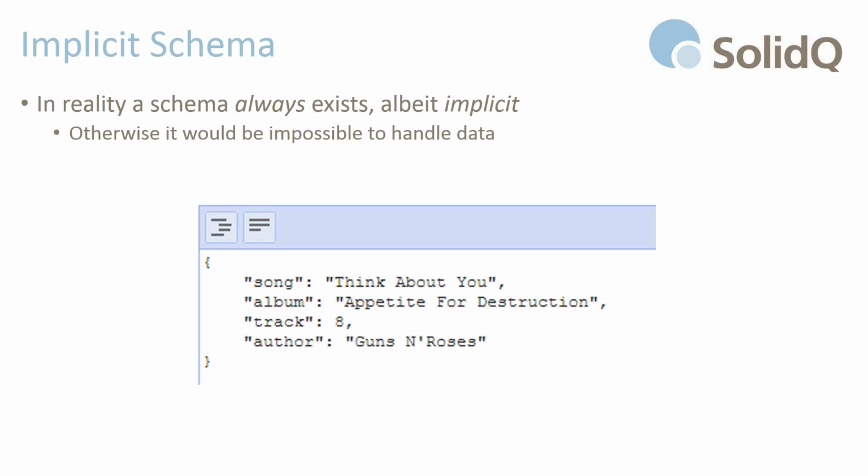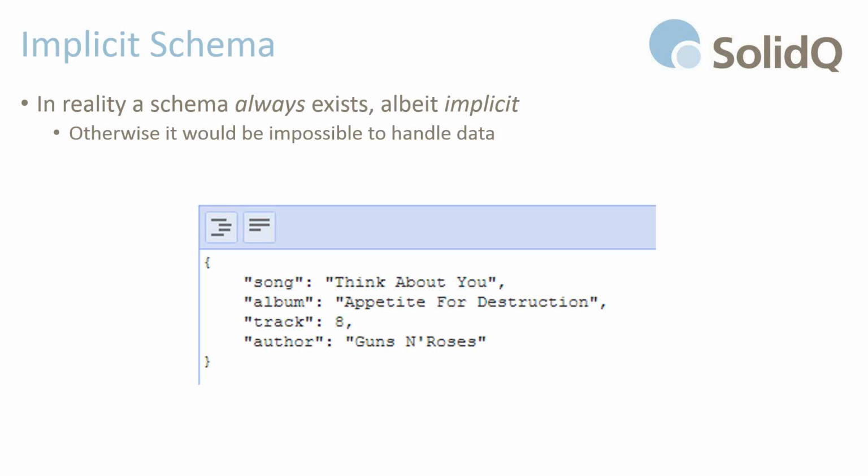Usually when everyone says schema-less, it means that we have an implicit schema. So this means that in reality a schema always exists, even if it's implicit, so it's not explicitly declared. Without a schema, implicit or explicit, it would be completely impossible to handle data.